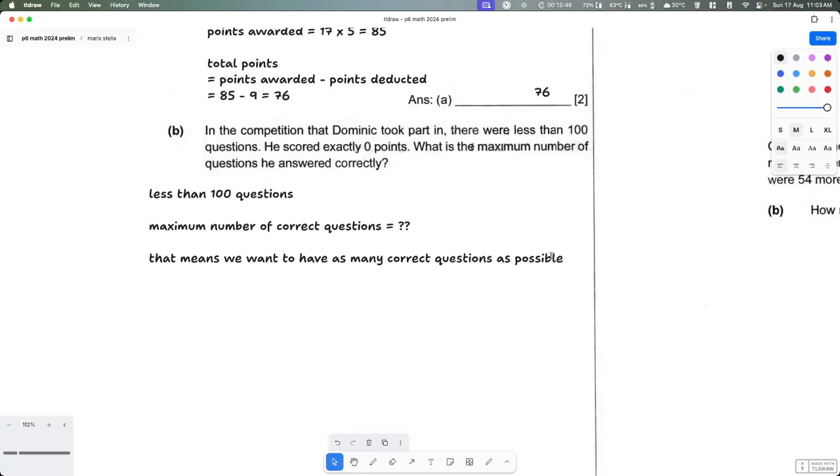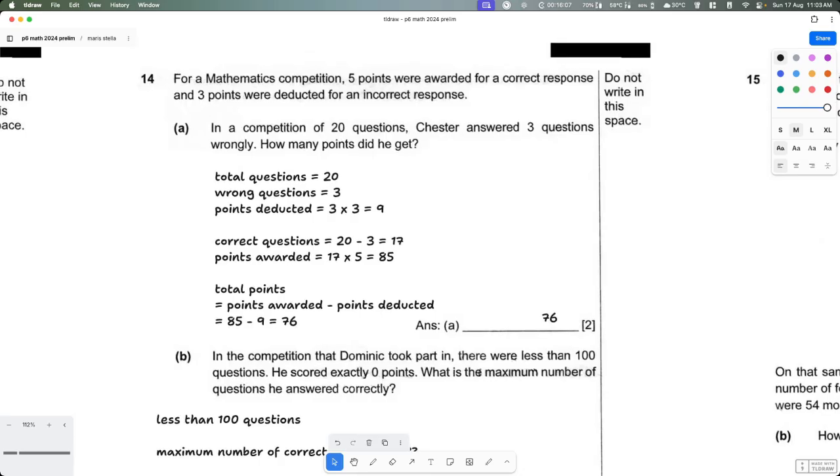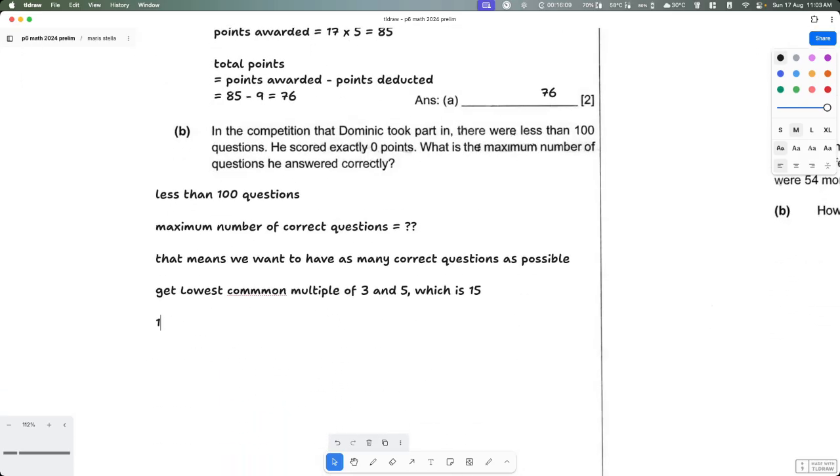There, so in the sense, we get the lowest common multiple of 3 and 5, which is 15, right? So that means 15 marks.